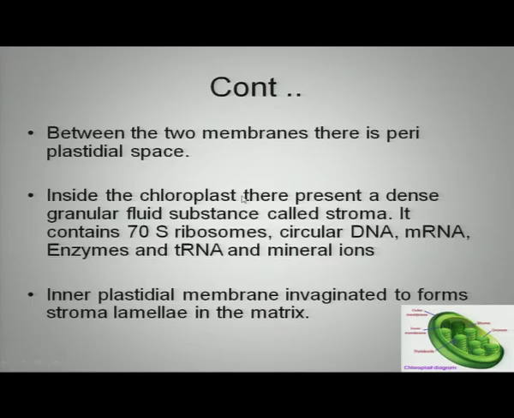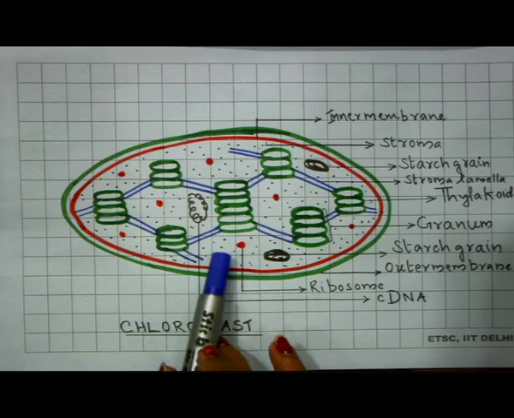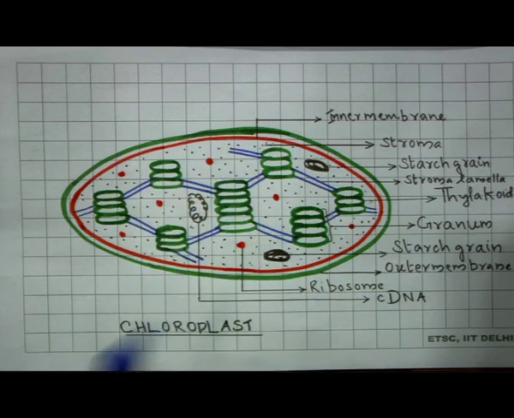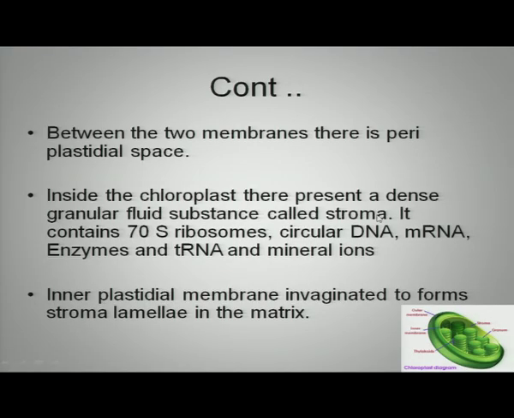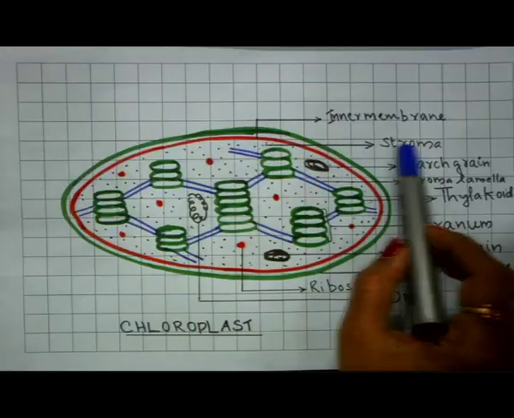Inside the chloroplast, there is a dense granular substance. Here we will call this dense granular fluid substance, the fluid matrix, as stroma. So, this dotted portion, the fluid matrix, we will call it as stroma. This one we have represented as stroma.